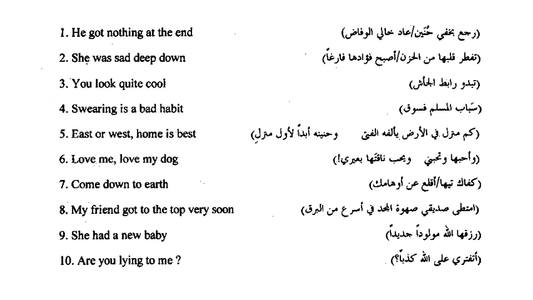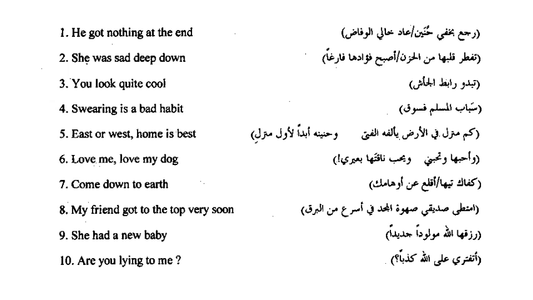Now here is an example of free translation, which is very idiomatic. For example, he got nothing at the end is translated into an idiom as رجع بخفي حنين or عاد خالي الوفاض.